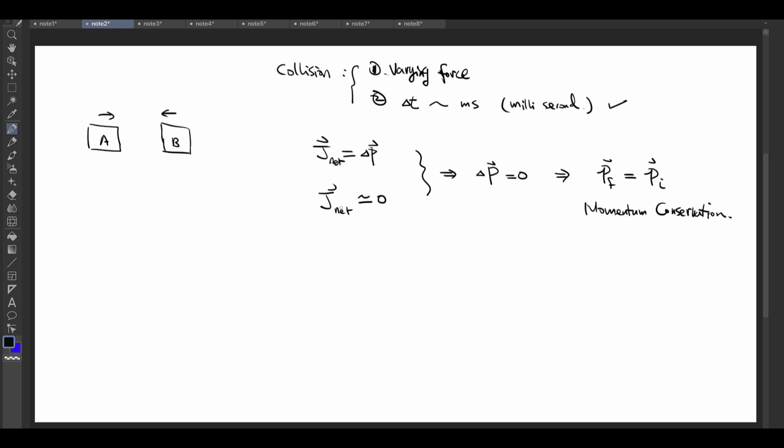Okay, so I said that the net torque on the object equals 0. This net torque refers to the net torque due to external forces. The interaction between A and B does not count as an external force. Let's look at one picture here. Now, when they collide, I'm going to draw that collision instant.